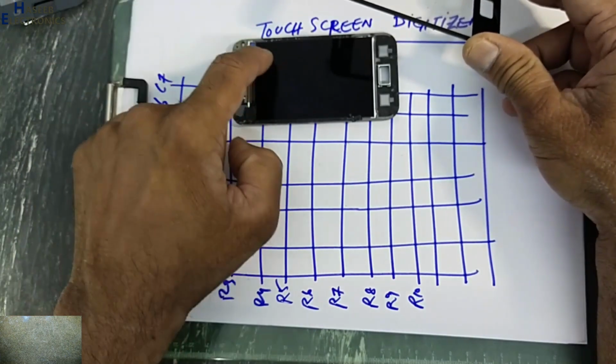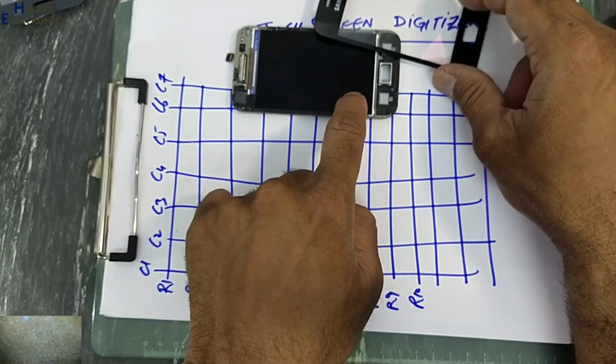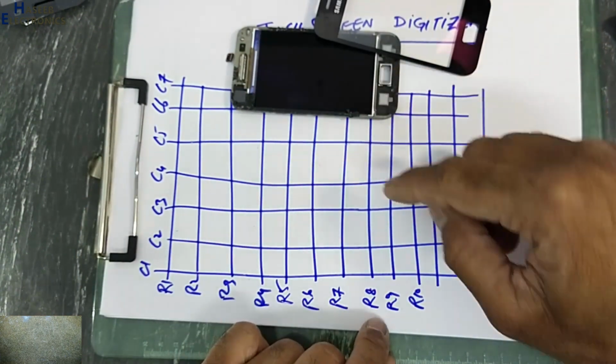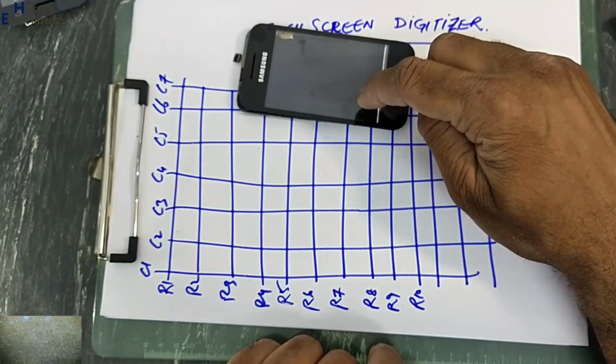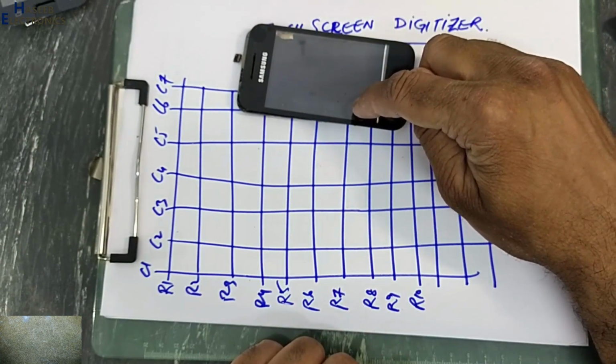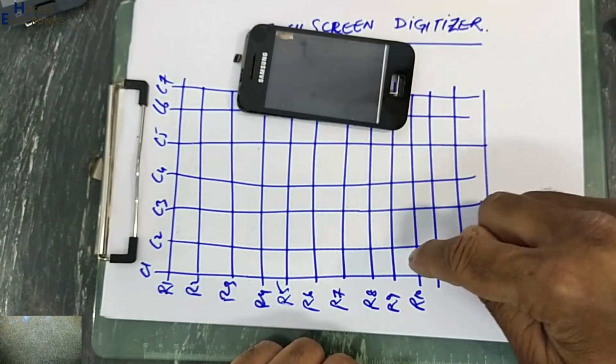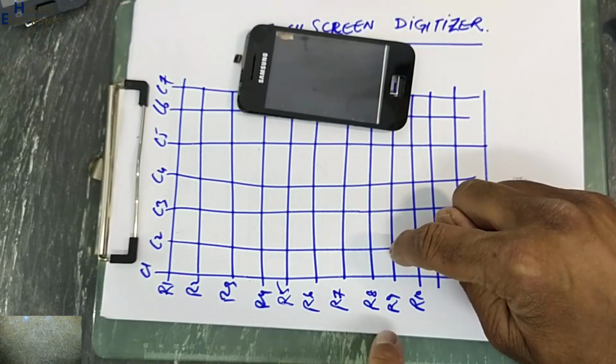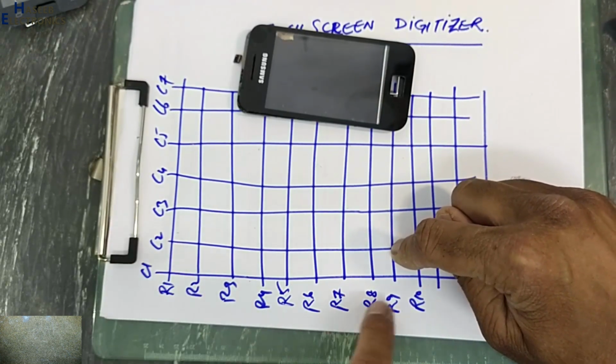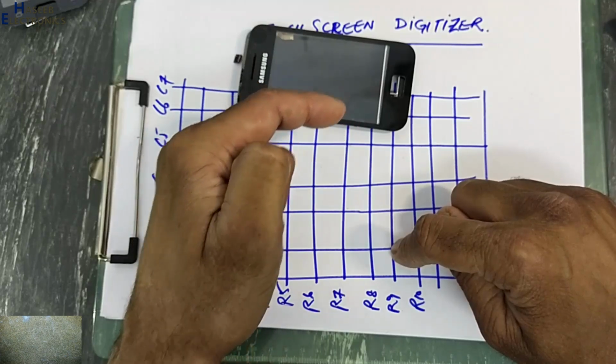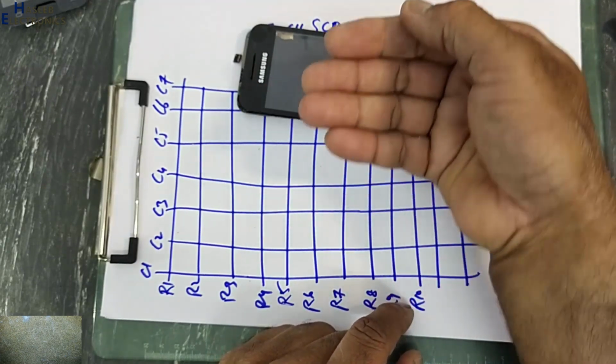Suppose processor is showing different icons here, contacts here. If I touch this portion where the contacts icon is visible, that means I am pressing this area, Row 9 C2. That is reference for that icon. So processor will open that file.